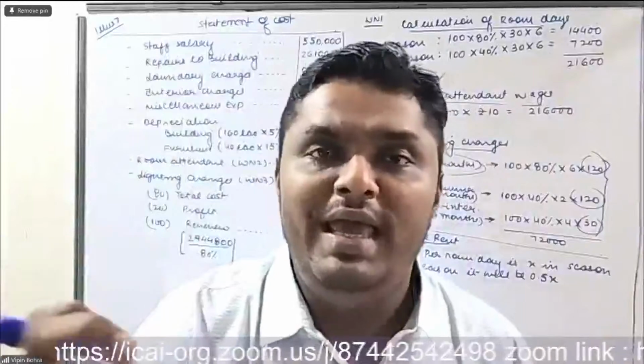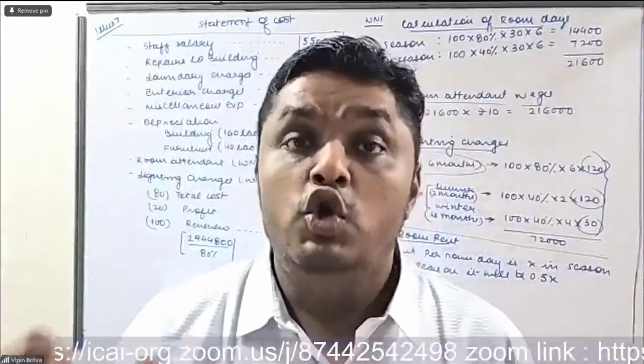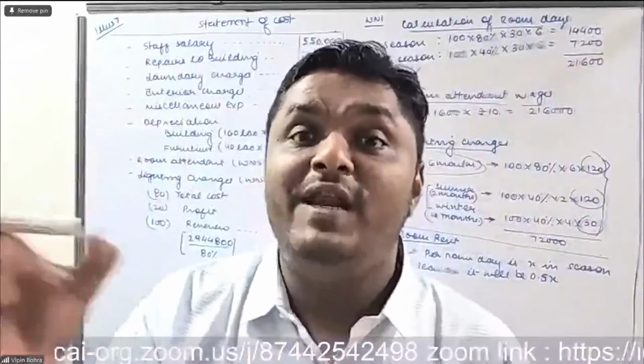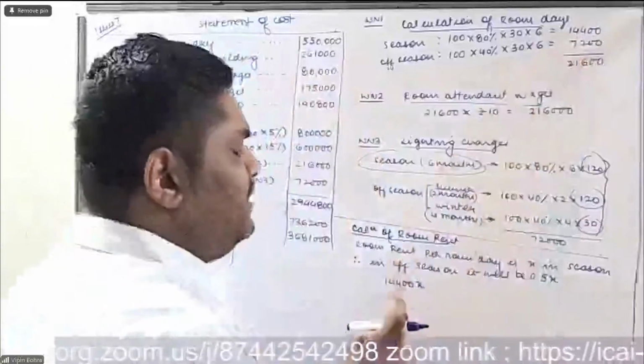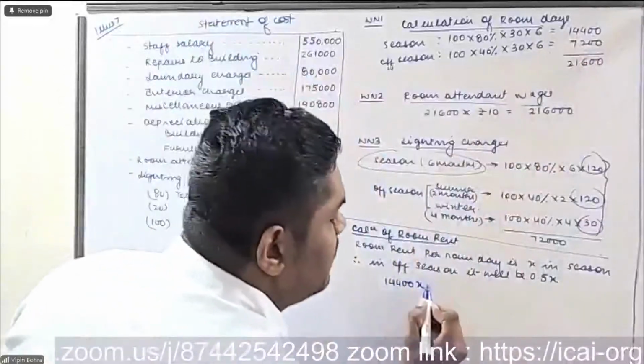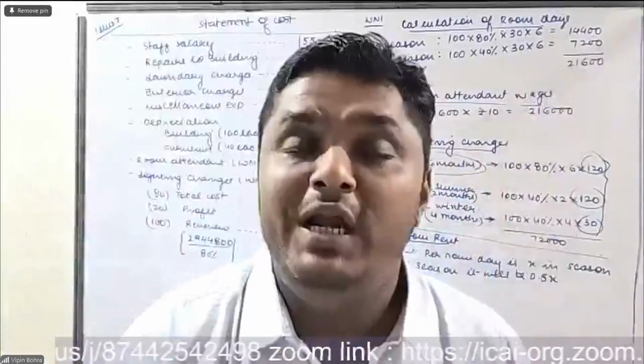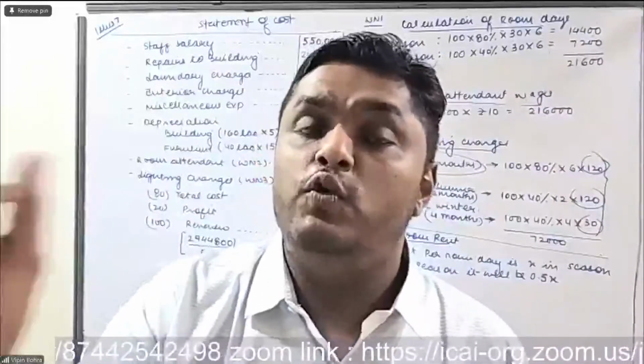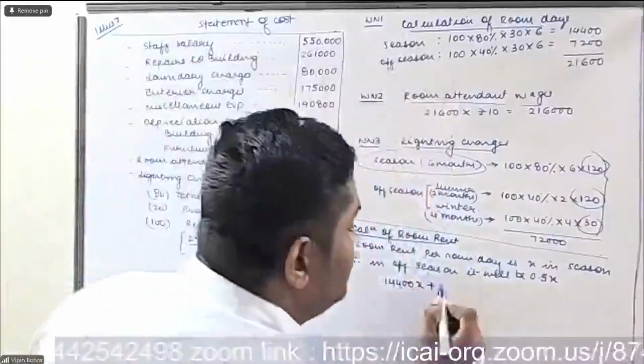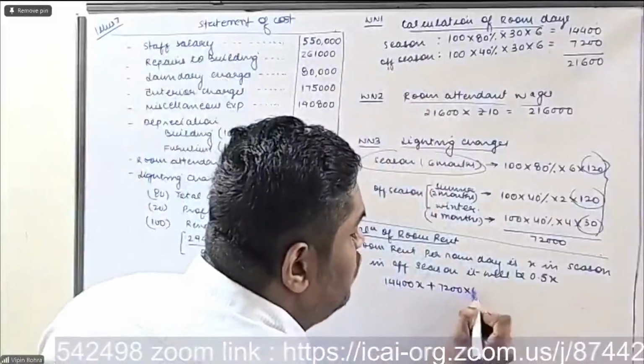एक रूम का एक दिन का रेंट X है. सो टोटल सीजन का रेवेन्यू कितना होगा? 14,400 इंटू X प्लस ऑफ सीजन का रेंट कितना है? 0.5x इंटू द नंबर ऑफ रूम्स. तो टोटल रेवेन्यू क्या होगा? 7,200 into 0.5x.